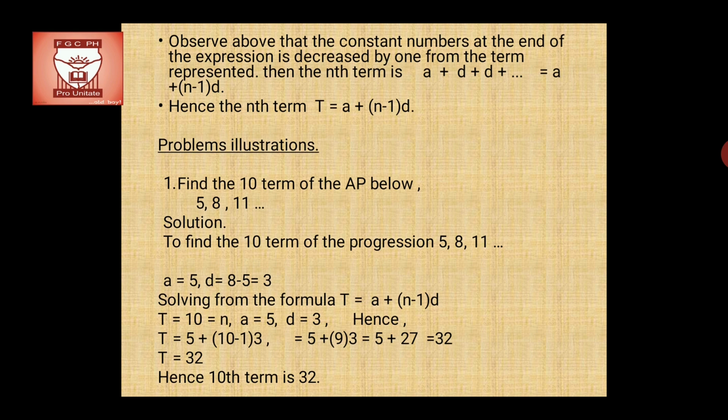T sub n equals A plus (n minus 1) multiplied by D. This formula is very, very essential in dealing with any problem concerning AP.